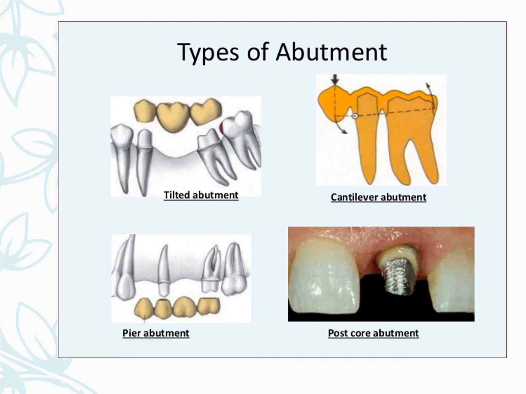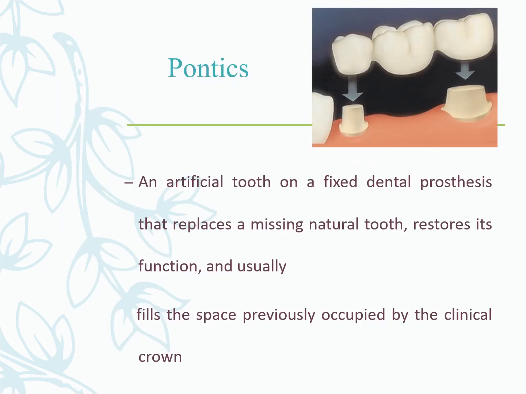Hence the occlusal or masticatory forces directed towards this tooth will be directed along the tooth structure, and the tooth will have more support. So this is called a post and core abutment, and on this a new crown is fabricated.